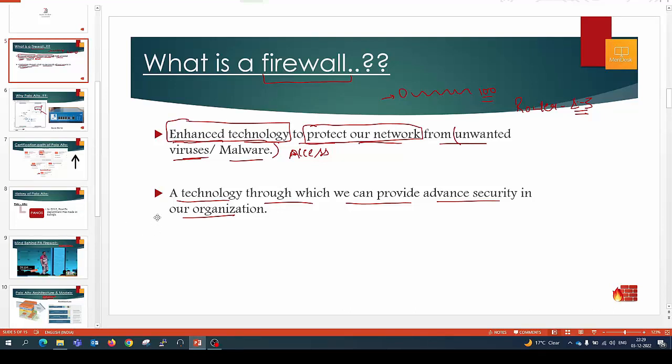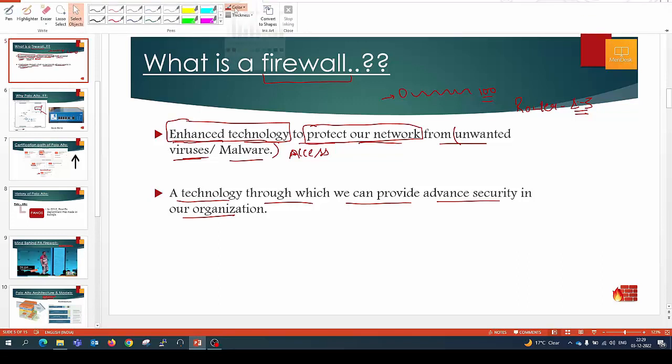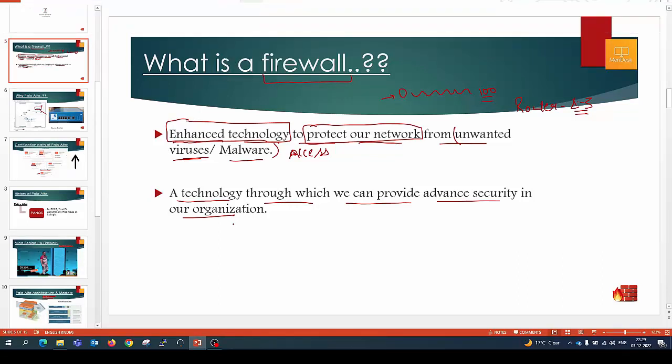So if I give you one example, in the early era of the traditional firewall, what did we have? This is my client. This client traffic used to go to a switch, right? From the switch, the traffic used to go to the firewall. After the firewall, we used to have the IPS, intrusion prevention system.